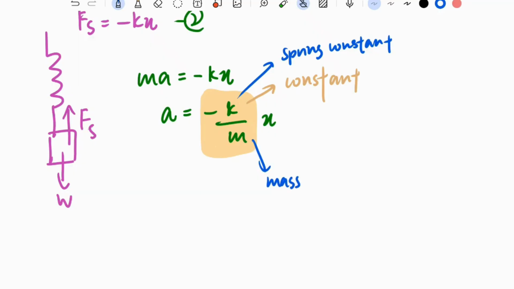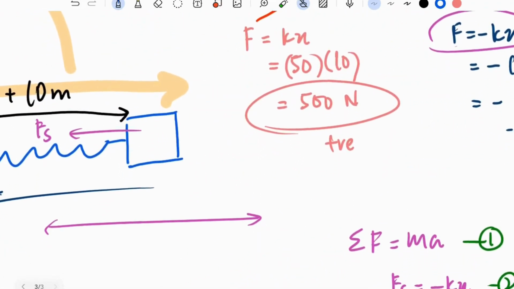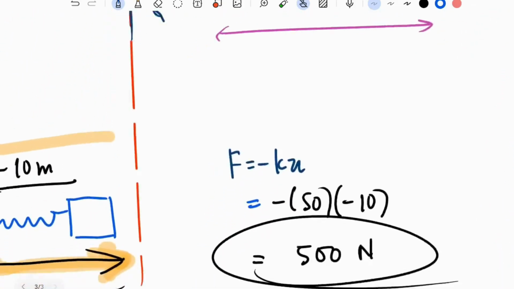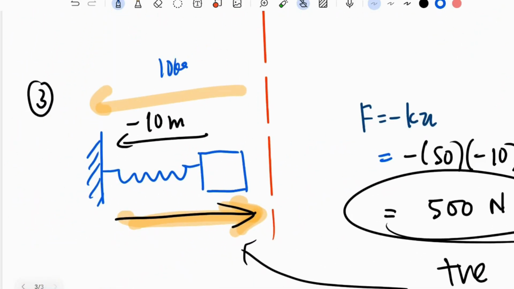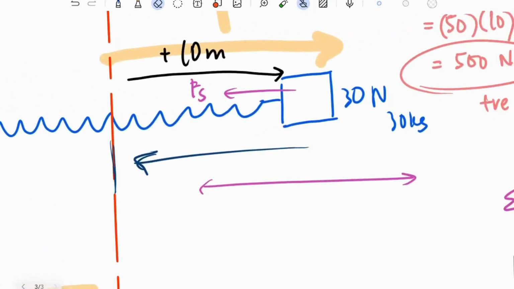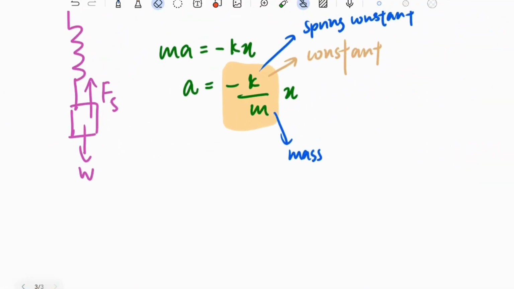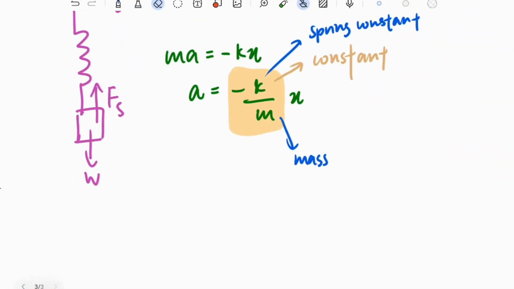There is no way that when you extend the spring, suddenly your mass would become 30 kg, and then when you compress it, it suddenly becomes 10 kg. That doesn't make sense, right? It doesn't work like that. Your mass is constant throughout. So with that being said, this entire thing is a constant.